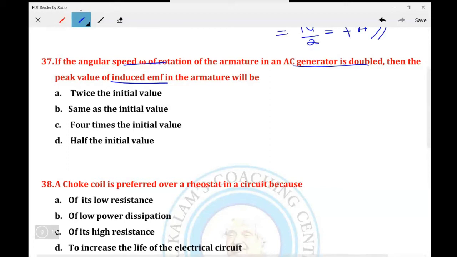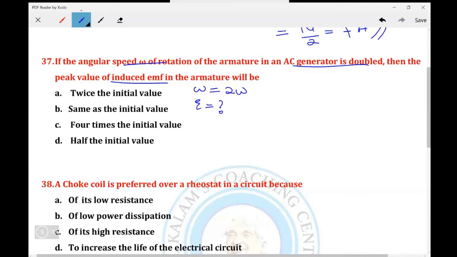If the angular speed is doubled, then what happens to the EMF?